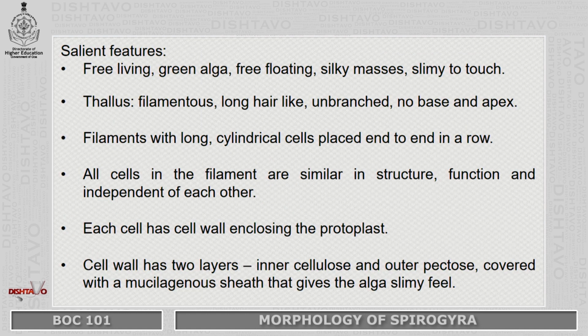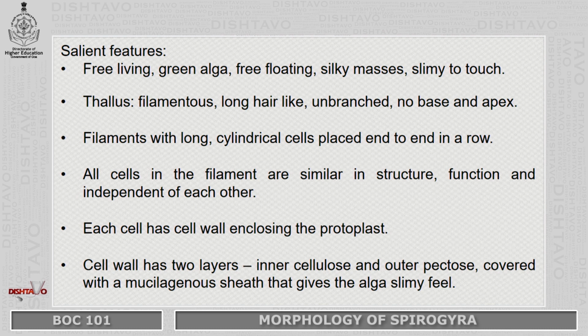Now, let us come to the salient features of this alga. It is a free living green alga, free floating, silky masses, slimy to touch, thallus filamentous, long hair like, unbranched, no base and no apex. Filaments with long cylindrical cells placed end to end in a row. All cells in the filament are similar in structure, function and independent of each other.